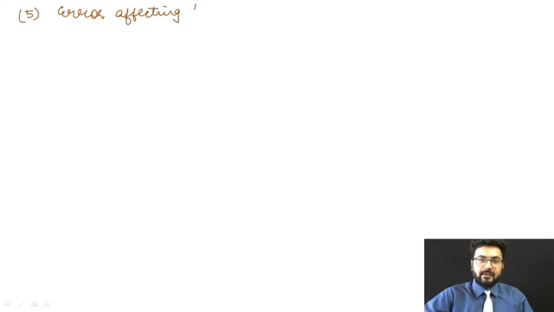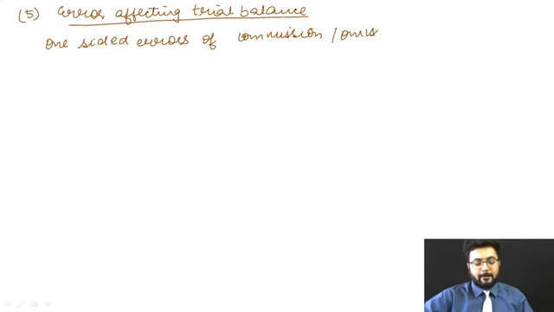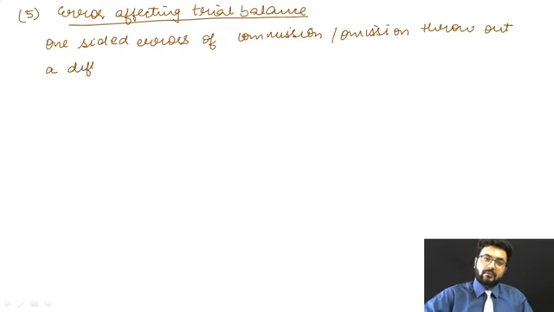Errors affecting trial balance. Some errors are going to affect the trial balance. Basically, if I talk about one-sided errors of commission or omission, they throw out a difference in trial balance.